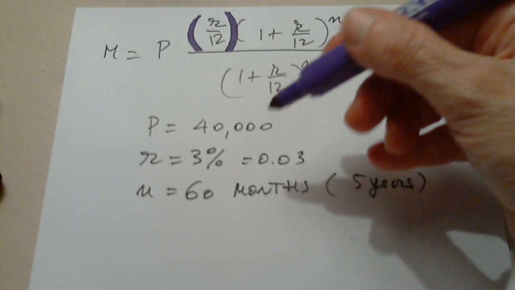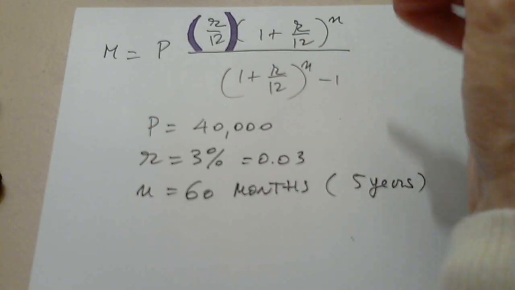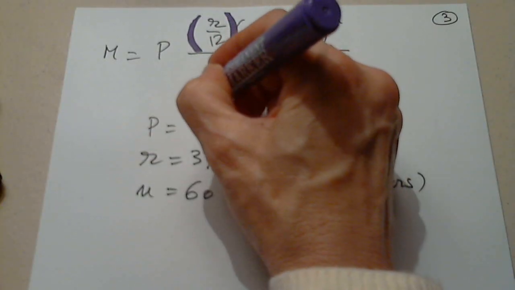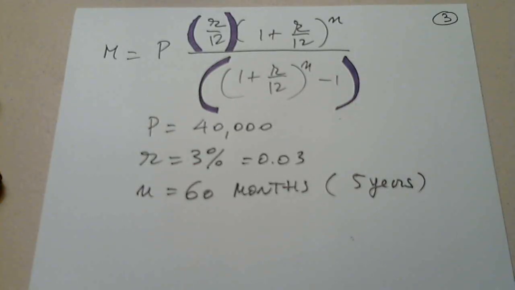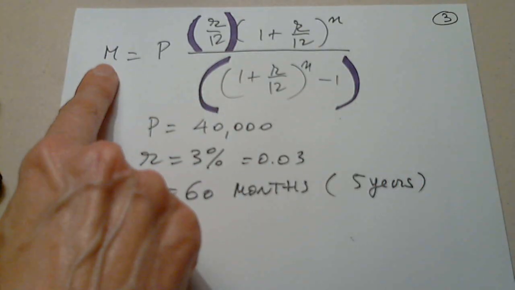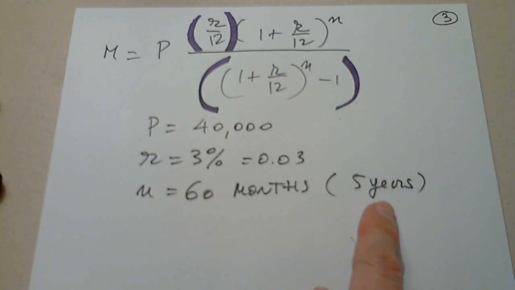And then the power will be 60 months. But now in the denominator, I need another set of parentheses. Because otherwise, the calculator will not perform the calculations we expect. And we're going to calculate how much we should pay per month for 5 years or 60 months to pay back the loan. So here it is.